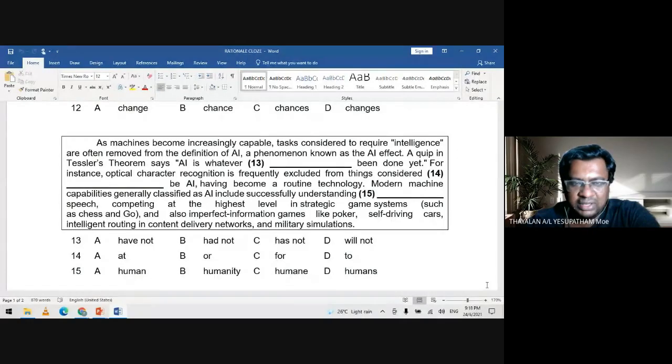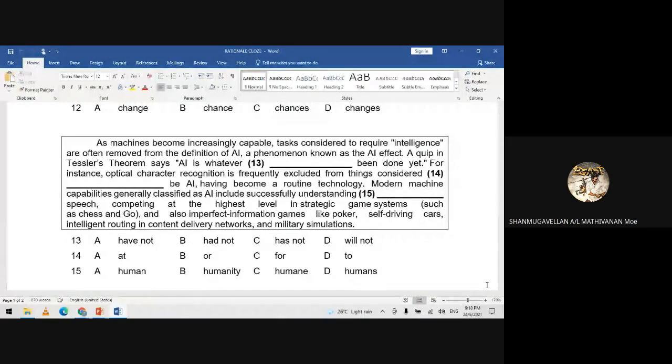Okay, Shanmugavelan, please read. As machines become increasingly capable, tasks considered to require intelligence are often removed from the definition of AI. The phenomenon known as the AI effect. A quip in Tesler's theorem says AI is whatever hasn't been done yet. For instance, optical character recognition is frequently excluded from things considered to be AI.